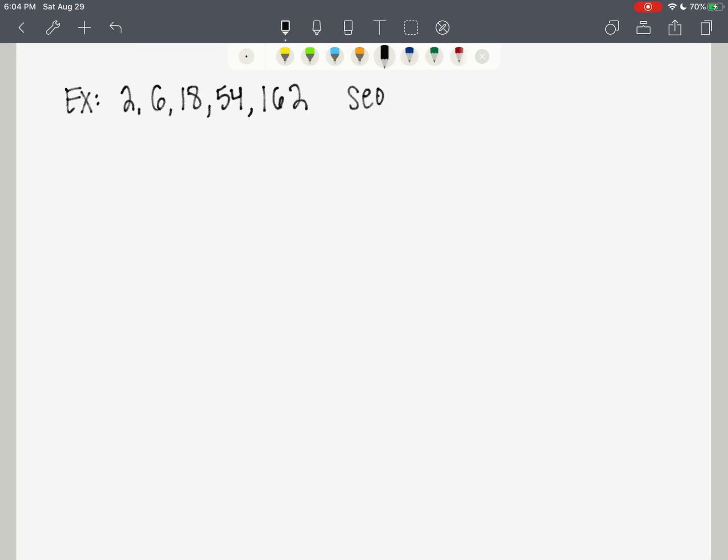If I wanted to change this from a sequence to a series, I would replace the commas with addition signs. And then I could just add all those numbers up together. But sometimes we need to use a formula to add our numbers because it's not feasible to find all the terms first and then add them up.